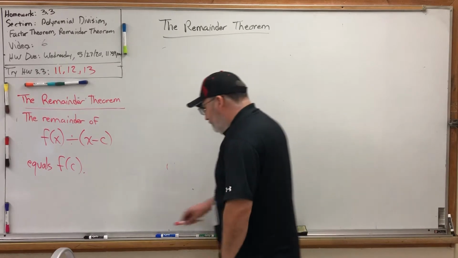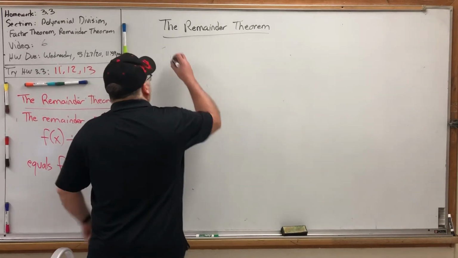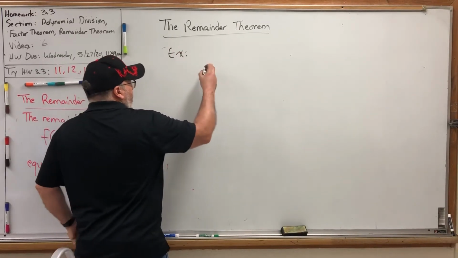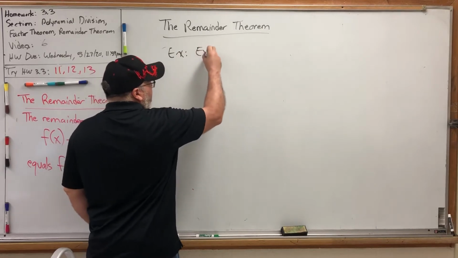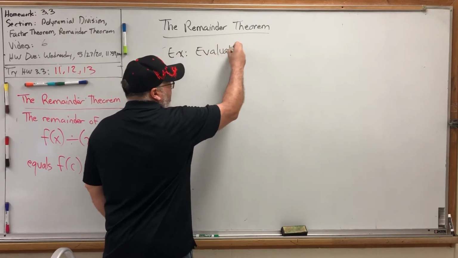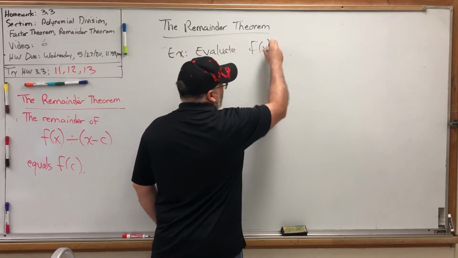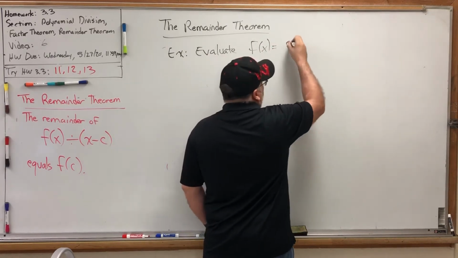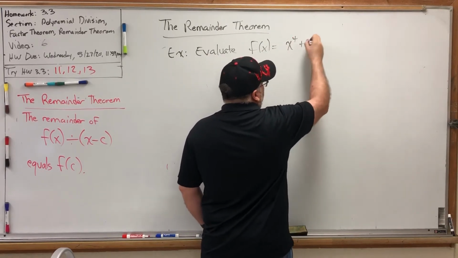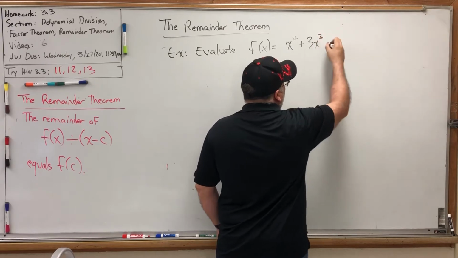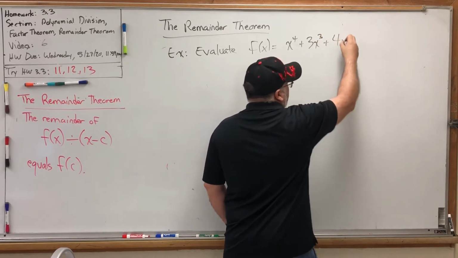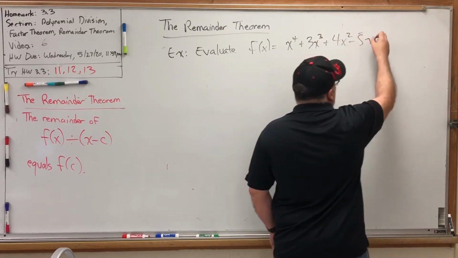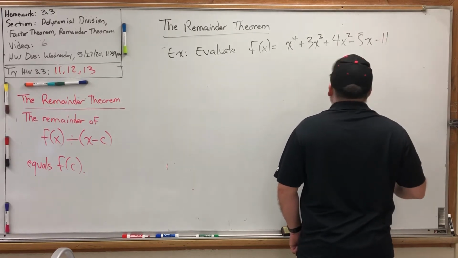So for example, evaluate, let's say f of x equals x to the fourth power plus 3x to the third power plus 4x to the second power minus 5x minus 11.